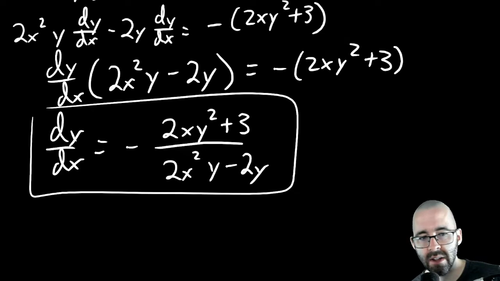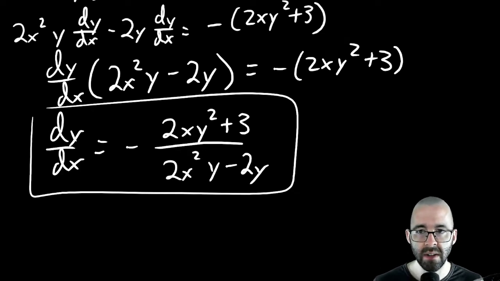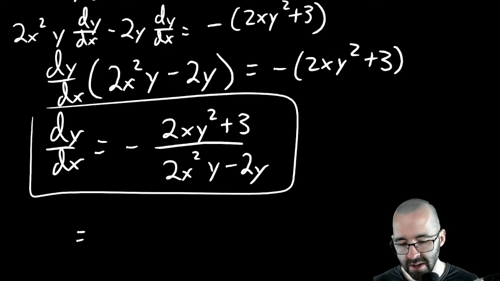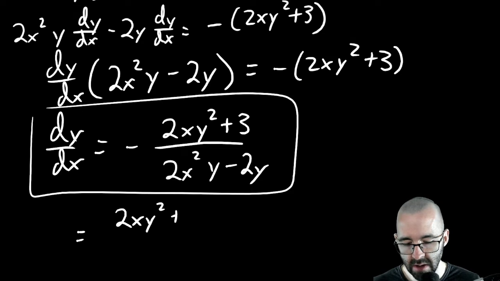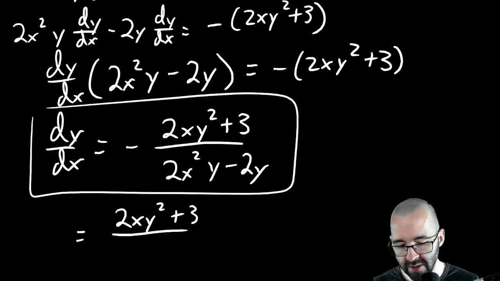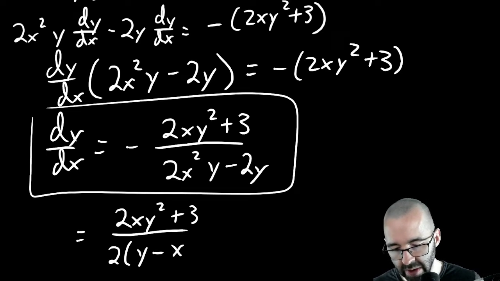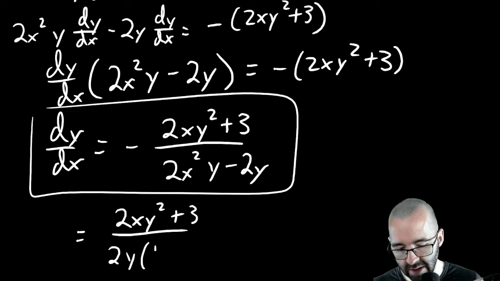There's a couple things that you could do with this answer to make it look a little bit better. Specifically, you could distribute that negative into the denominator and factor a 2 out of the denominator. If you put the negative in the denominator, it switches the order and makes one negative and the other not. And we can also factor out a 2y, and that would leave us with 1 minus x squared.